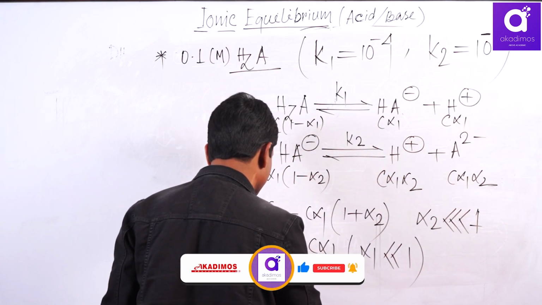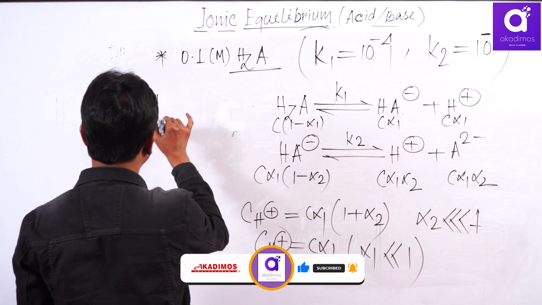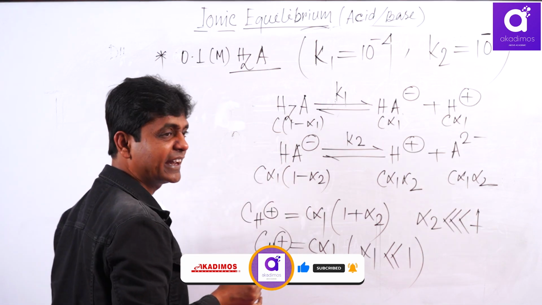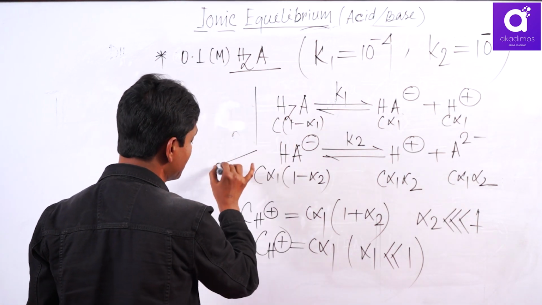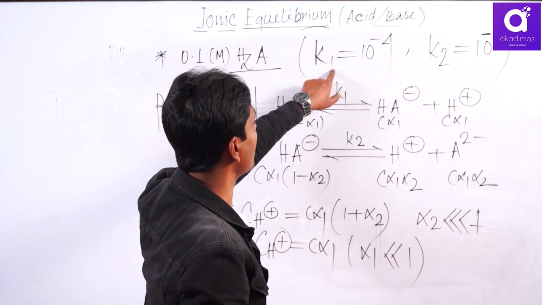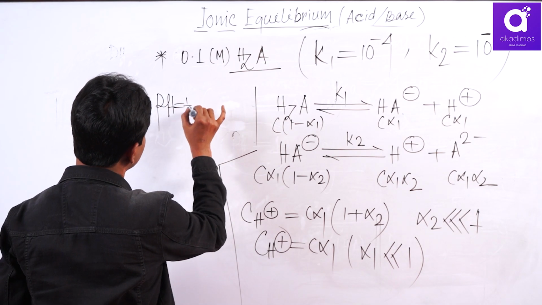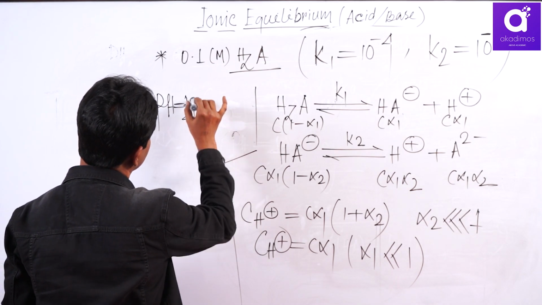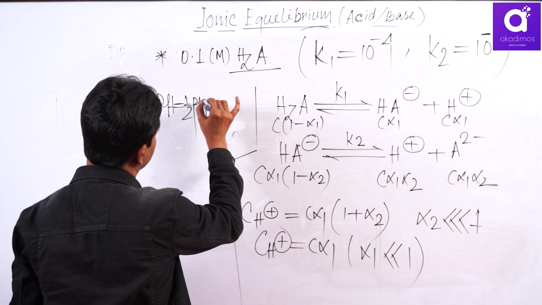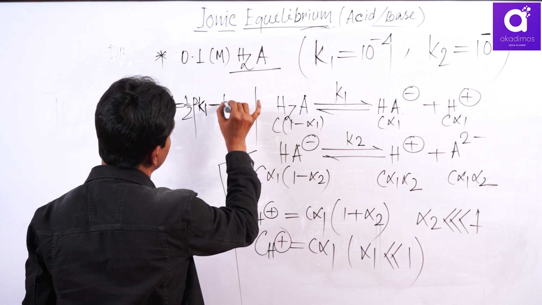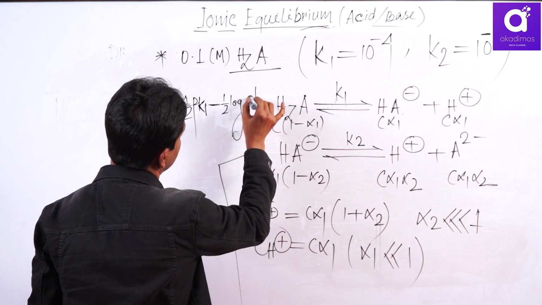And you can use that same formula, pH is equal to half pKa minus half log C. But remember, here I will consider K1 and neglect K2, so you will get half pK1. Take K1, neglect K2, and you will get the pH of the solution, minus half log C.